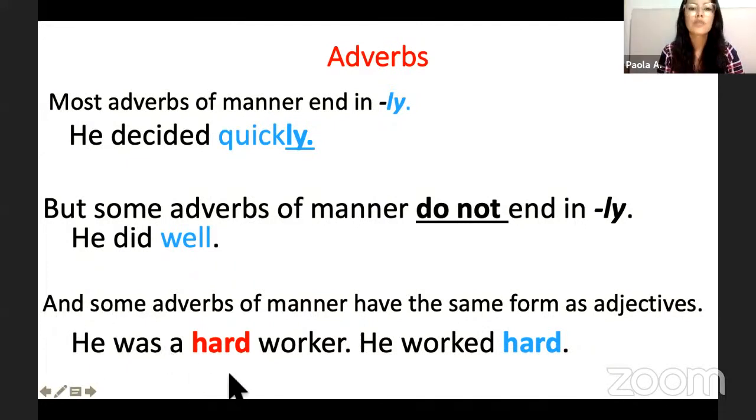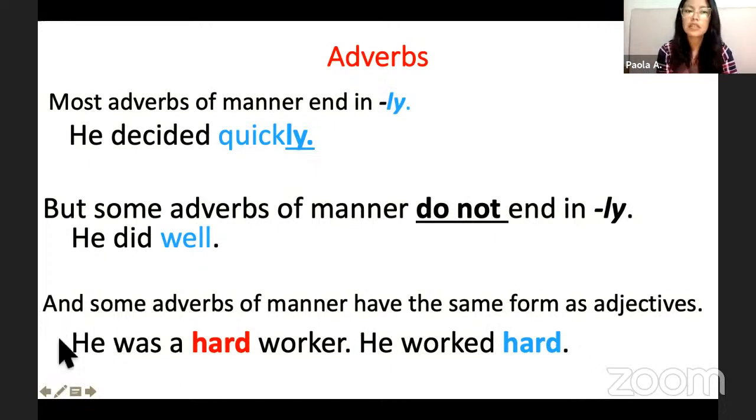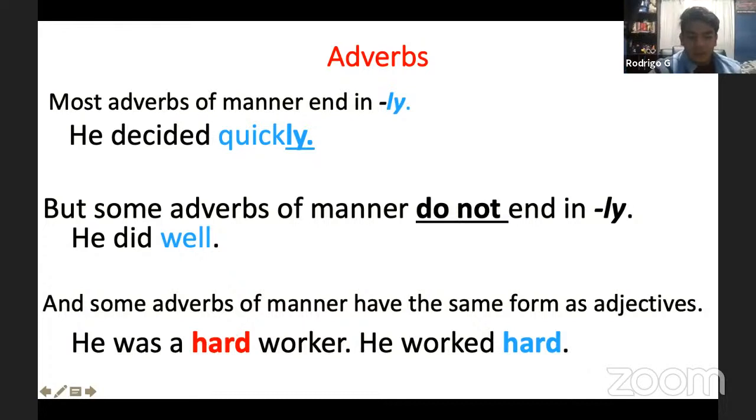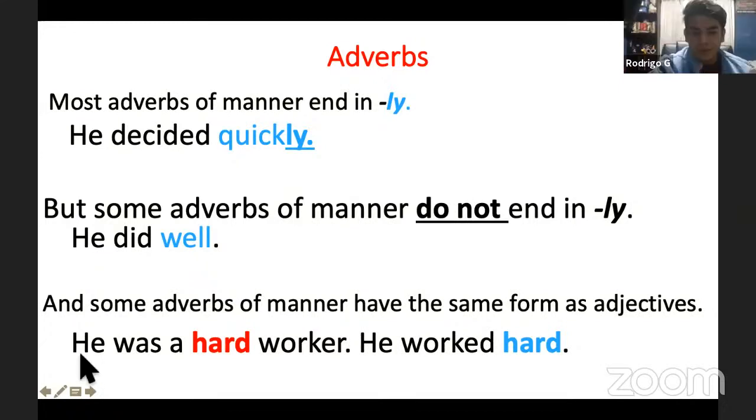He was a hard worker. Is it describing Anita? Is it describing Fabiana? Is it describing me? Is it describing a cat? What is this hard describing? Exactly, yes. It could be Andres, Marcelo, anyone, no, it's a he.